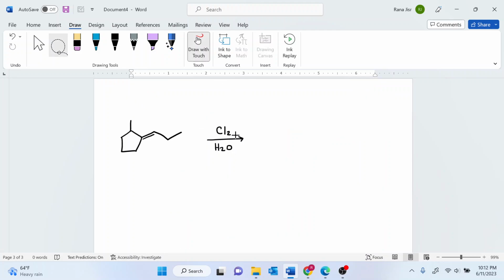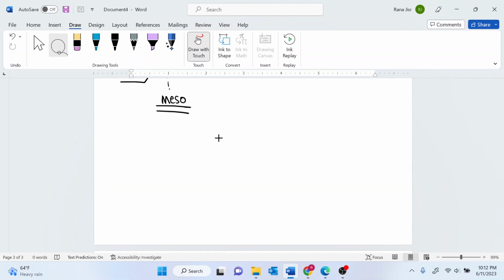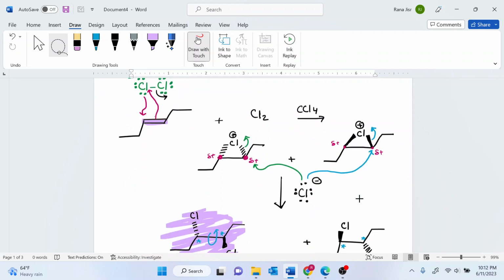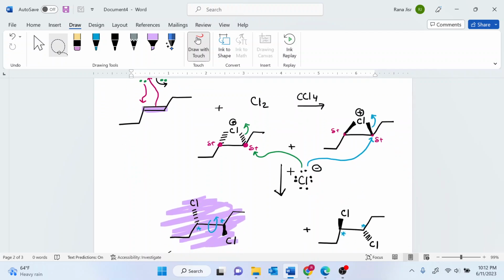And add water to the chlorine instead of using the chlorine alone. Now, earlier, we used just the chlorine, and the chlorine was the source of both the electrophile and the nucleophile. So you created your cyclic chlorinium ion in there, and then the halogen or the nucleophile attacked.